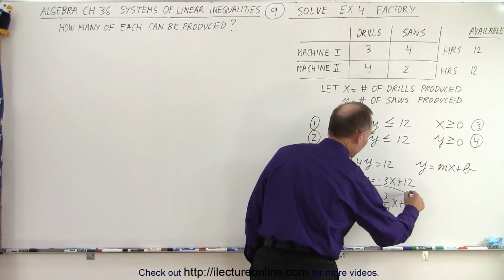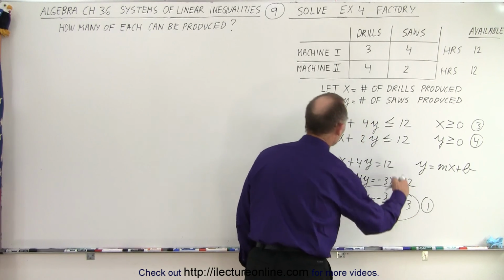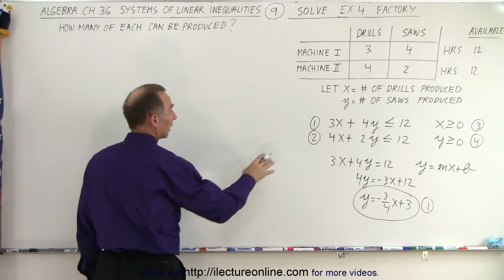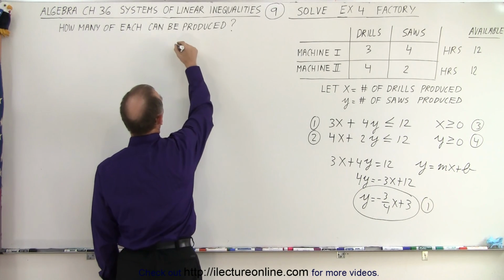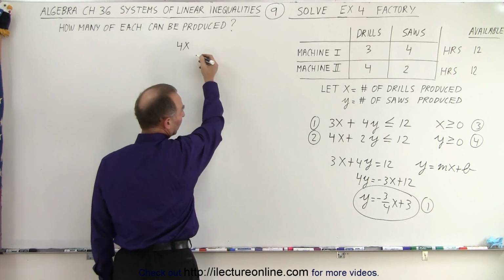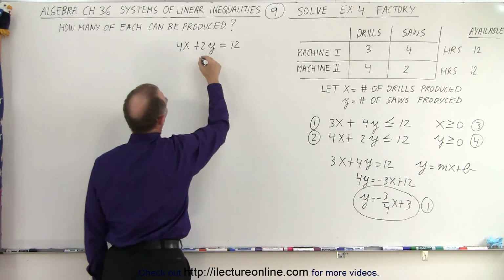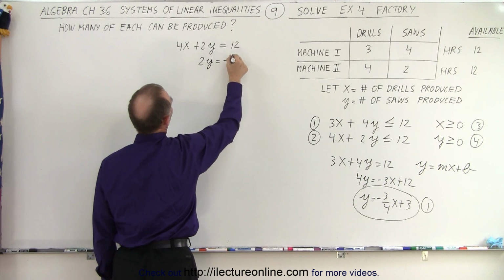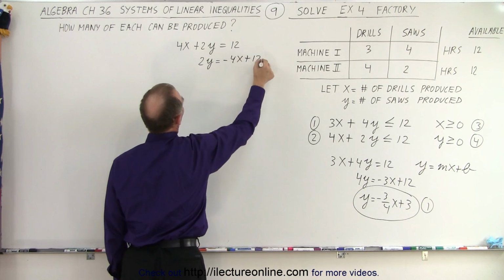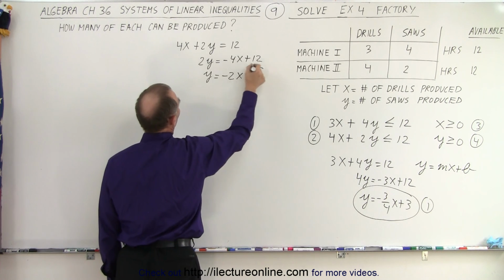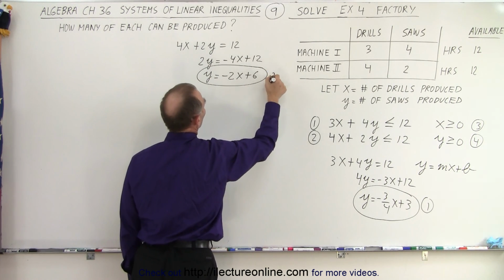So there's our equation number 1 that corresponds to inequality number 1. We do the same for the second inequality. We end up with 4x plus 2y equals 12, or 2y equals minus 4x plus 12, or y equals minus 2x plus 6. And there's our equation number 2.